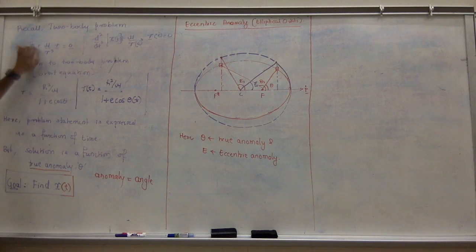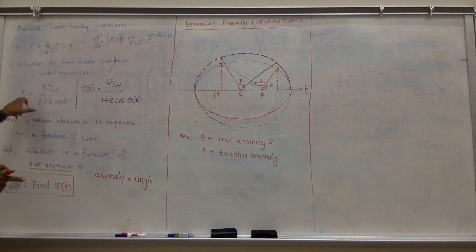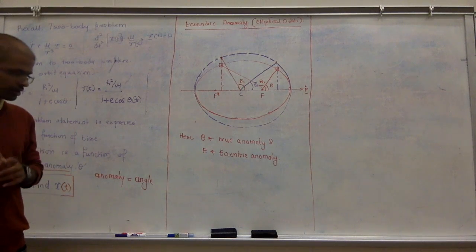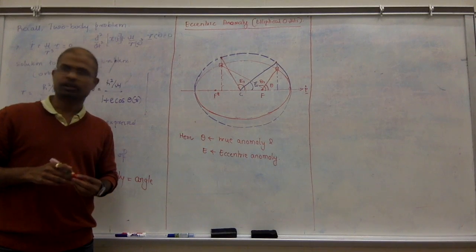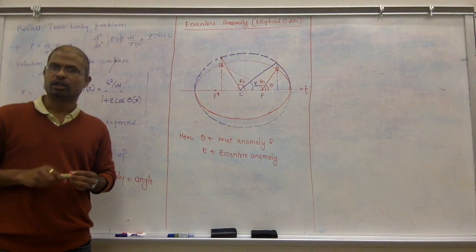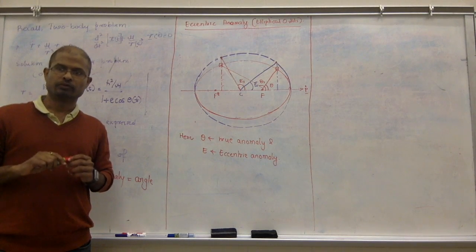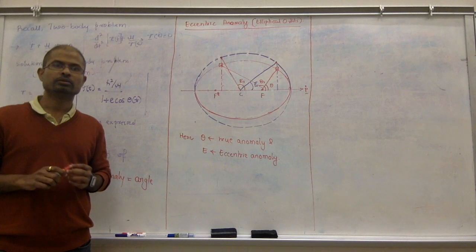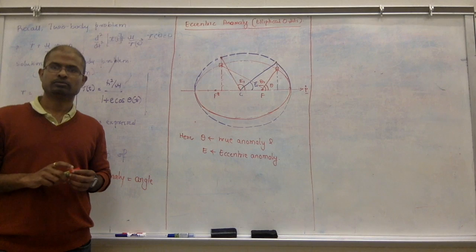R is a function of time. The solution we have is not a function of time. We are trying to get to an expression where we can directly correlate R as a function of time. You have to understand something: every parameter in our lives is a function of time. We are very comfortable knowing how something varies with respect to time.